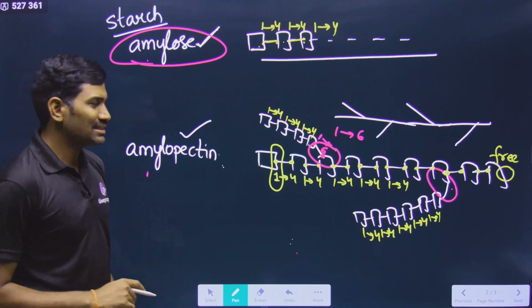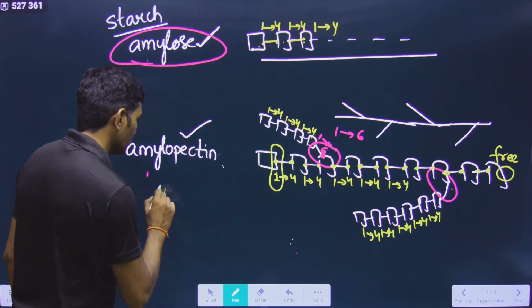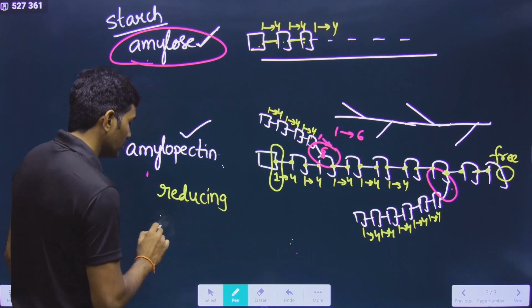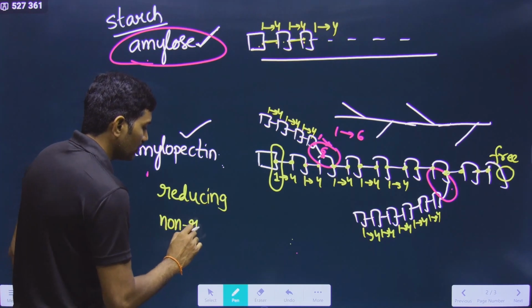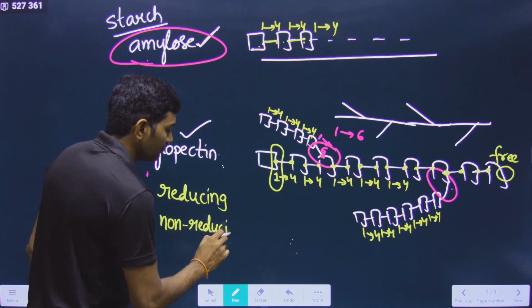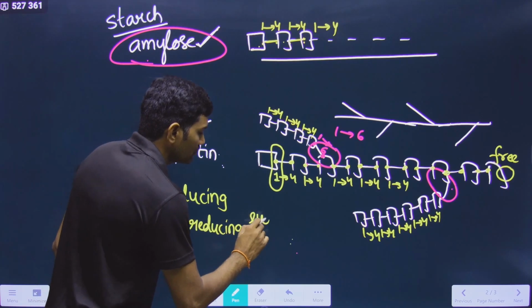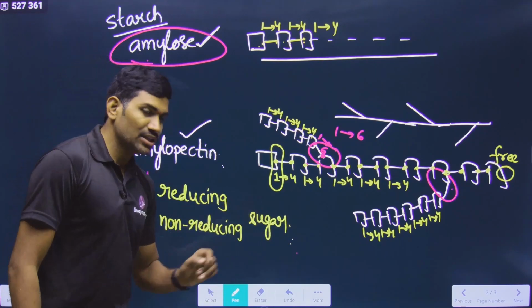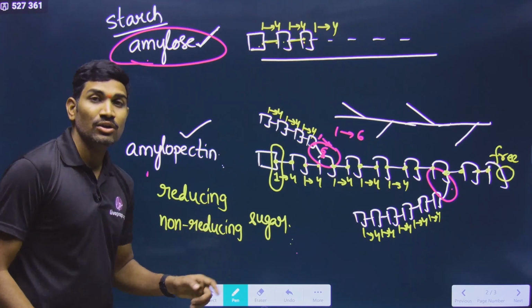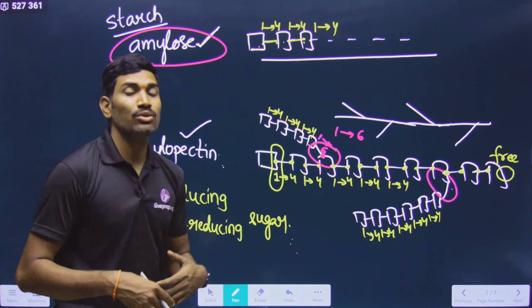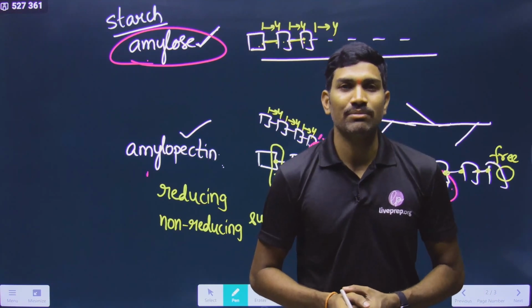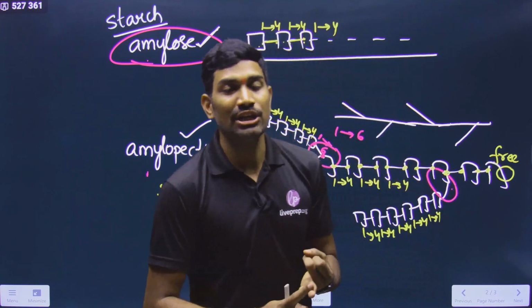In the previous lecture, we studied reducing and non-reducing sugars. Which one is called a reducing sugar? Those sugars which have a free carbonyl group, that means a free aldehyde or free ketone.